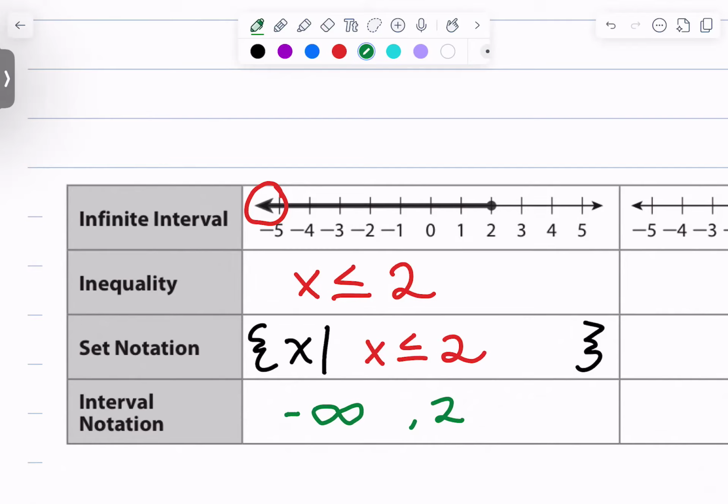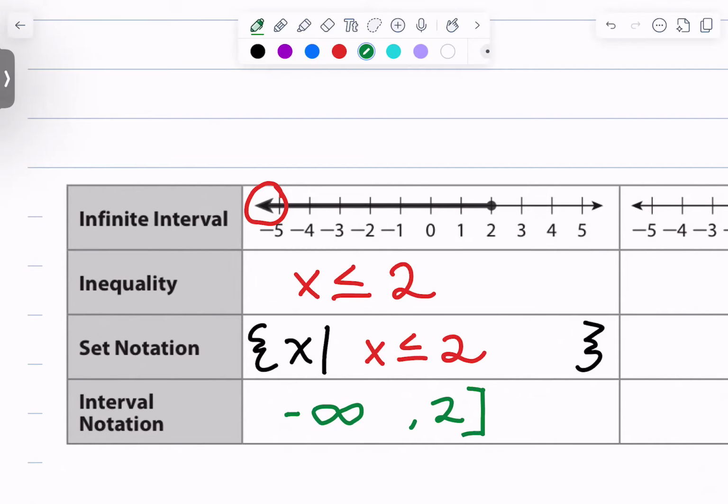So around 2, is it brackets or parentheses? Bracket, because it's included. And if you're talking about negative infinity, can you put a number around negative infinity? Negative 1,000? That's a pretty big number. Is that where we're going to stop? No. Negative 2 million? Negative 5 trillion?